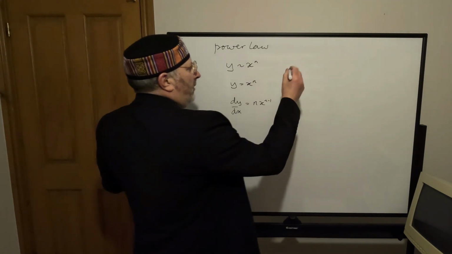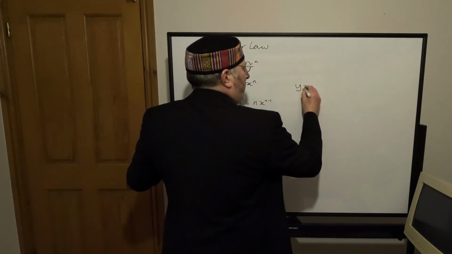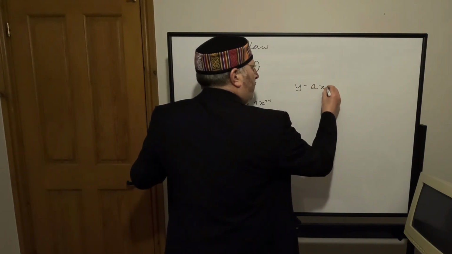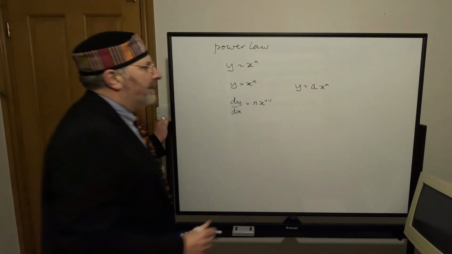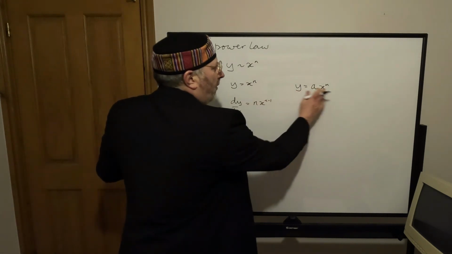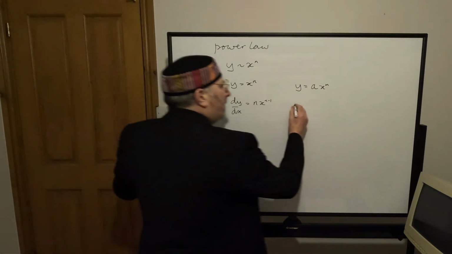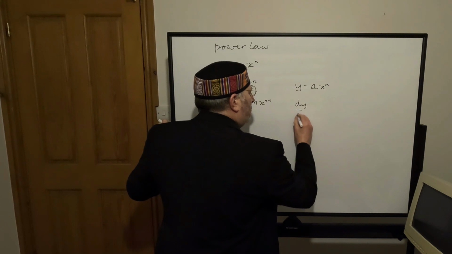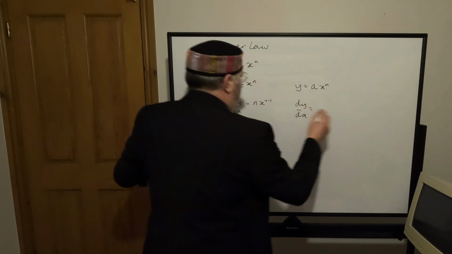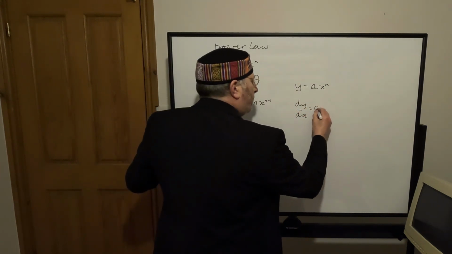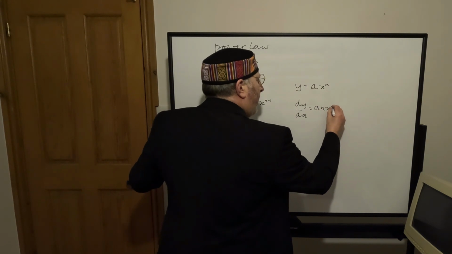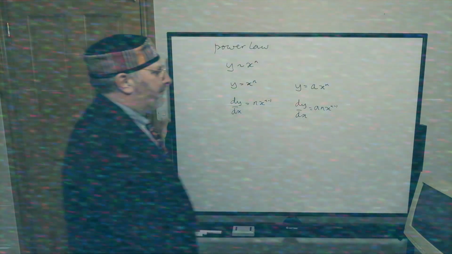And we can also generalize it a little bit further. If we say y equals ax to the n as a power law, where a is a constant, then we just have the constant multiplier. So it's a n x to the n minus 1.